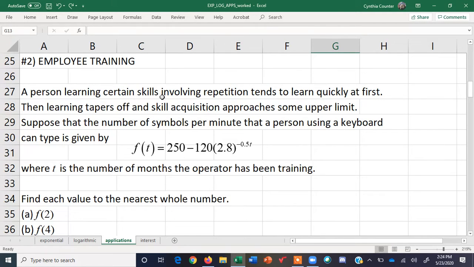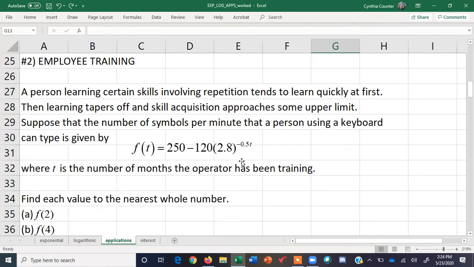A person learning certain skills involving repetition tends to learn quickly at first. Then learning tapers off and skill acquisition approaches some upper limit. Suppose the number of symbols per minute that a person using a keyboard can type is given by the function f of t, where t is the number of months the operator has been training, equals 250 minus 120 times 2.8 to the negative 0.5t.